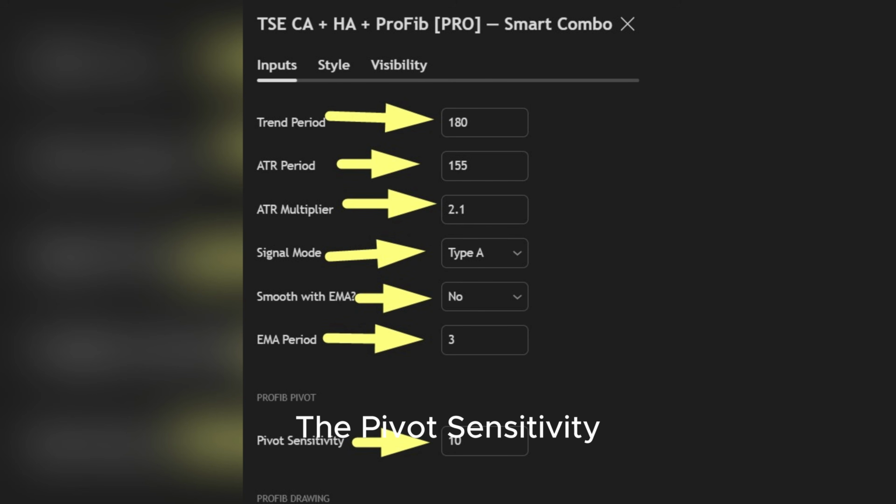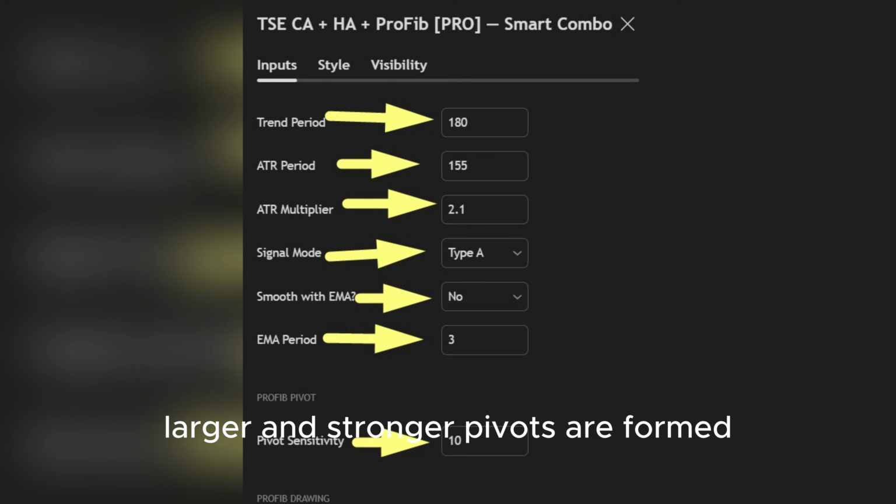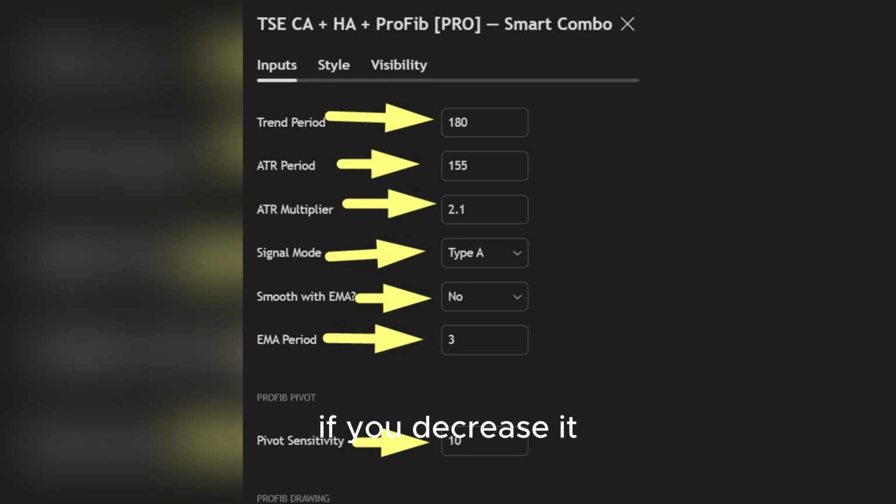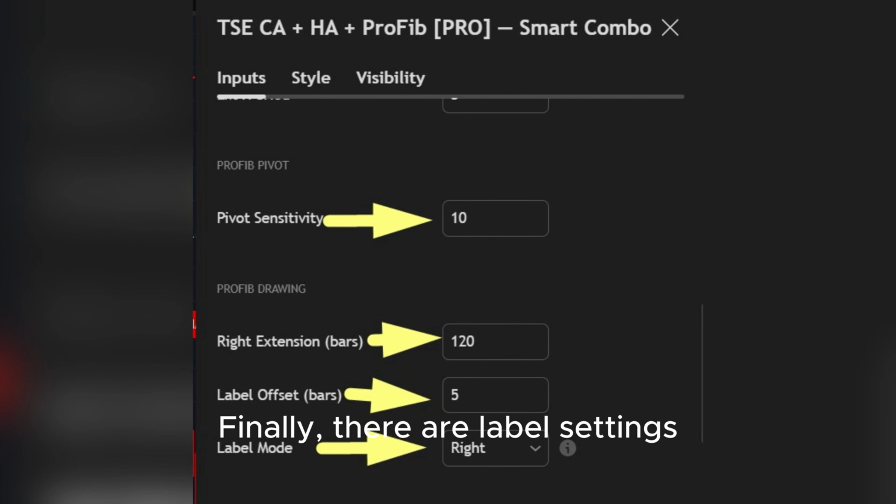The pivot sensitivity determines how the Fibonacci levels will be formed. This value adjusts the sensitivity of Fibonacci ranges and reversal points. If you increase the value, larger and stronger pivots are formed. If you decrease it, pivot points occur more frequently. Finally, there are label settings. From here, you can adjust whether the labels appear on the right or on the left side of the chart.